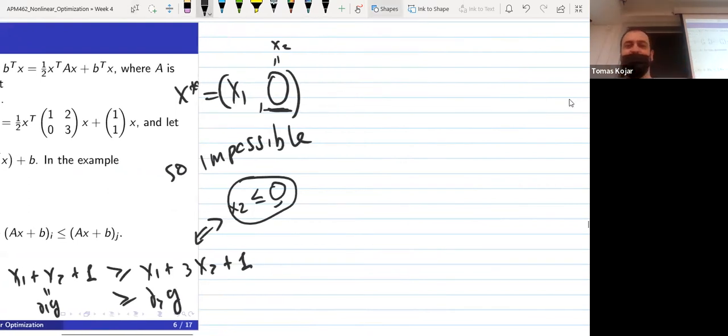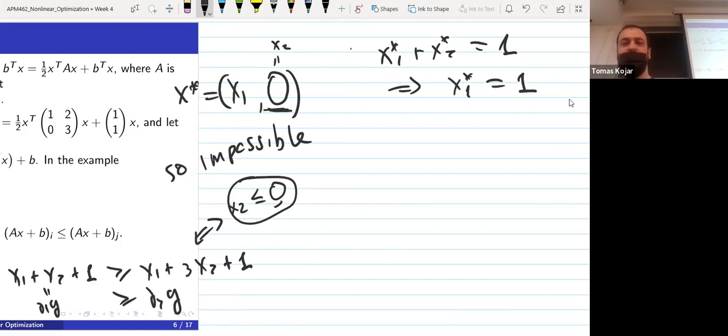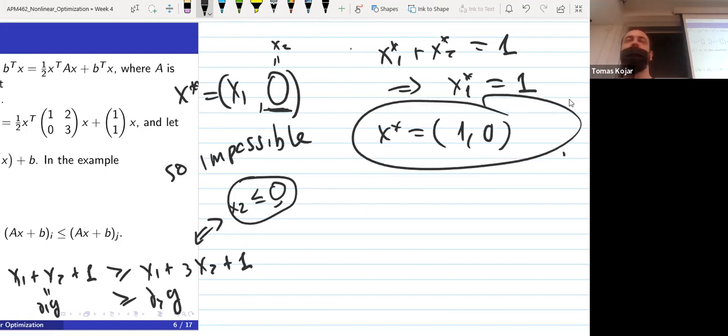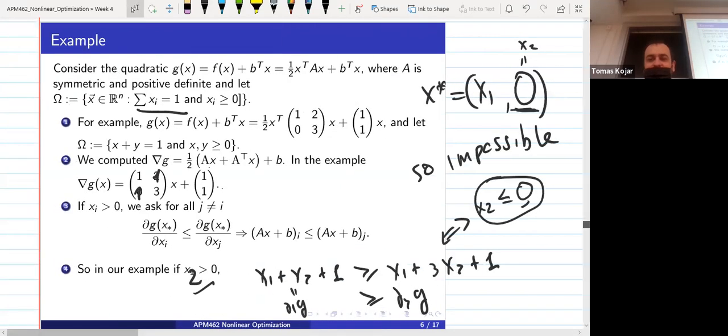So that gives you that x star 1 plus x star 2 is 1, which implies that x star 1 is 1. So the minimizer is just 1, 0. Very good, good job. This is what we found, remember? Do I have to go to that slide? Okay, I'll go to that slide.